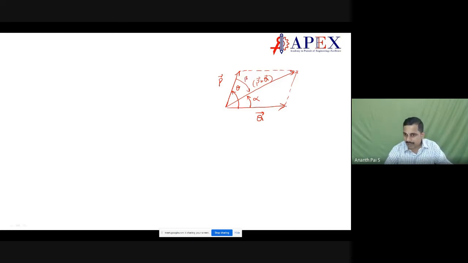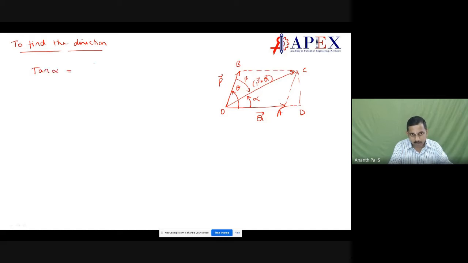Now how can you find the angle alpha? Say this is O, this is A, this is D, this is C, and this is B. To find the direction, we can say tan alpha is equal to DC by OD.